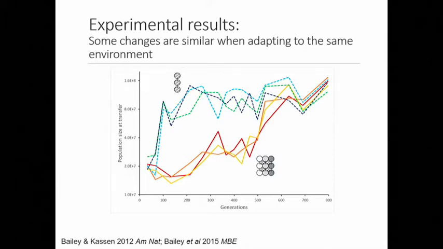Here is a measure of population size at that 24-hour transfer. You could think of this as giving us some component of fitness, just to show you that there really was a very highly repeatable pattern at that level in how those replicate populations were evolving over time.